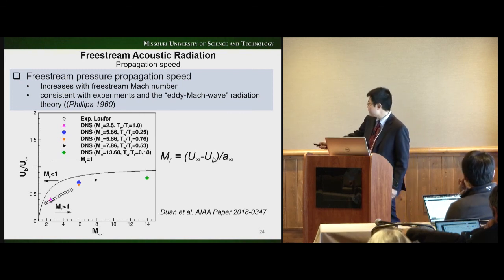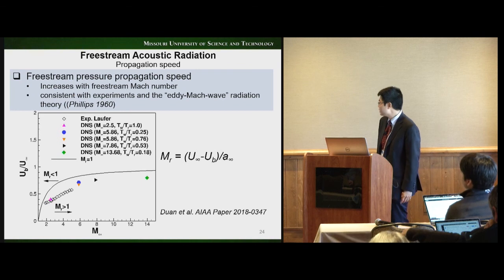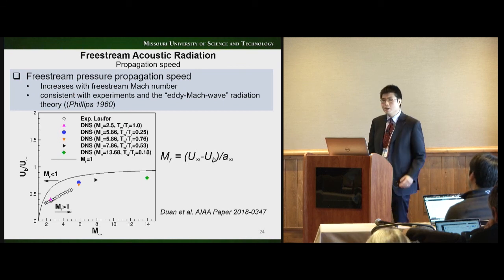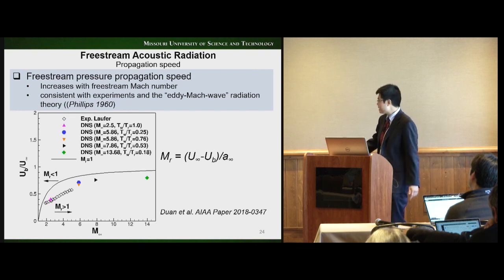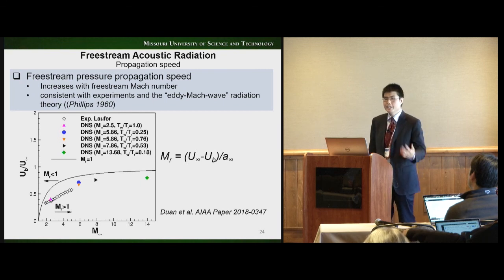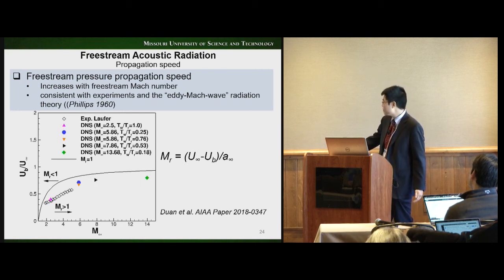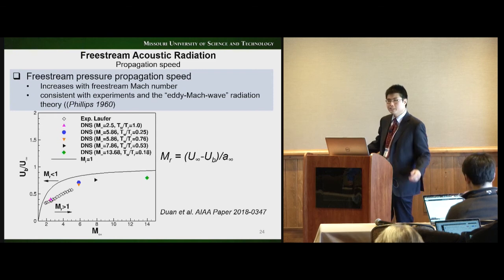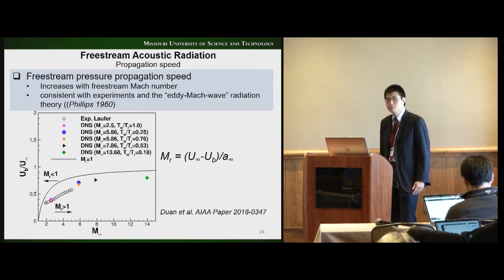This is a really classic experiment. It's also consistent with the eddy Mach wave radiation theory, in which the eddy has to propagate supersonically with respect to the free stream for it to radiate. So essentially, our data lies within this supersonic relative Mach number regime.